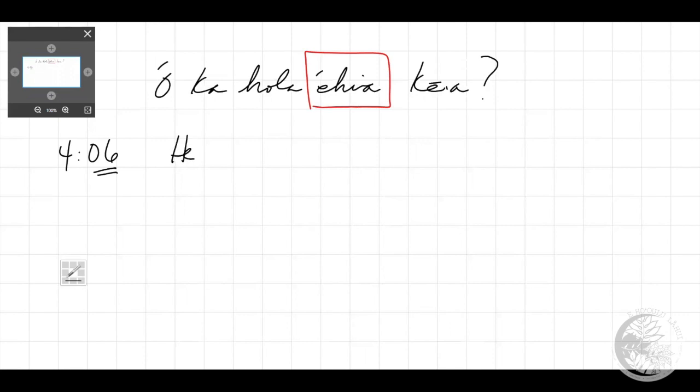He, and then we express in 6 minutes. Iono menuke. Menuke for minutes. He iono menuke, this is 6 minutes. 6 minutes which has passed. I hala, and past the hour 4. I hala ka Hola ʻeha. 6 minutes past the hour 4.